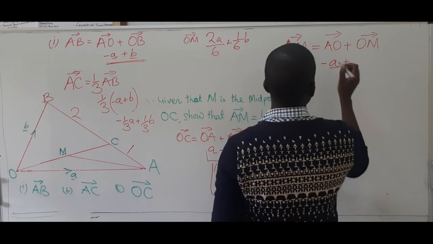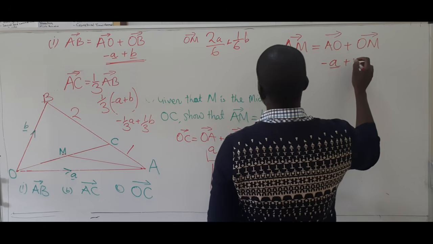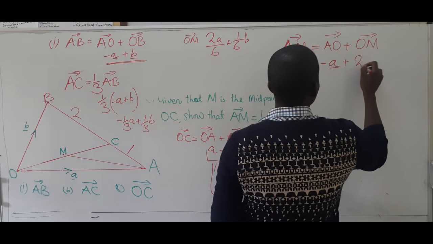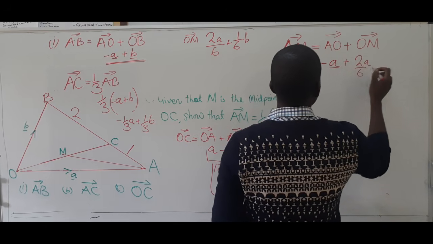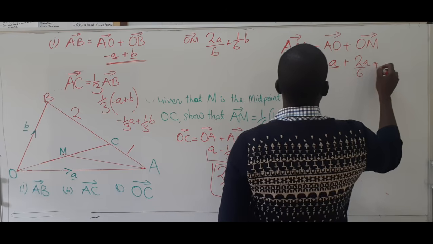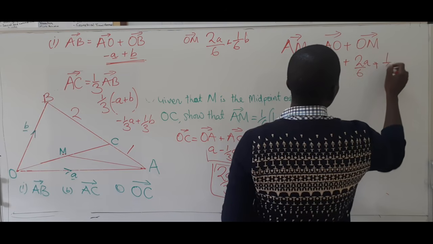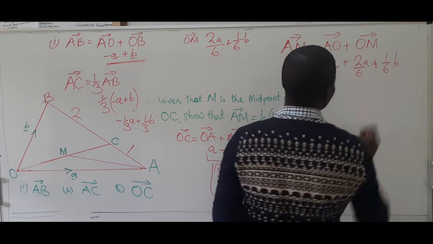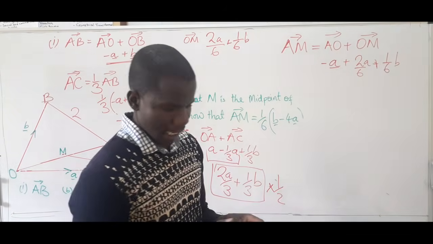Now this is what we are going to bring here. Take note, this is our A, so we bring 2A over 6 plus 1 over 6B. Then again we simplify the like terms.